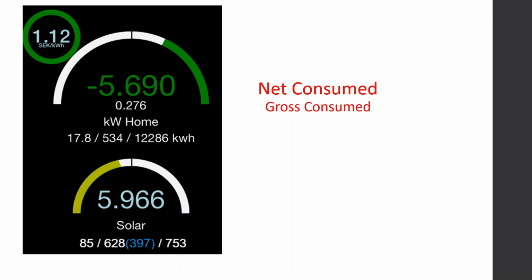And the gross consumption, which is what I'm consuming in-house, it's calculated, and in this example it's 0.276 kilowatt. And here you can see the total produced. So 0.276 is going to the house, and the rest is sold.